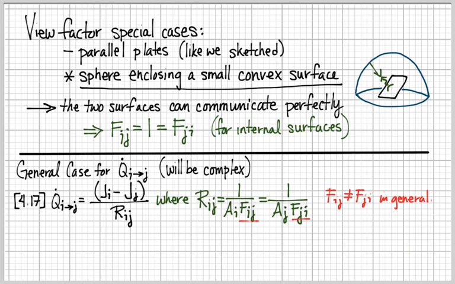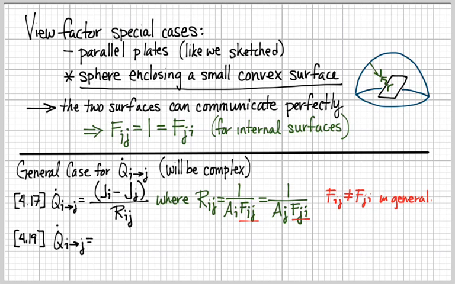And I define Rij as 1 over the area divided by the view factor. But you'll notice that the area of surface i times Fij is equivalent to the area of surface j times Fji. A little nuance in there, but make sure you note that down.